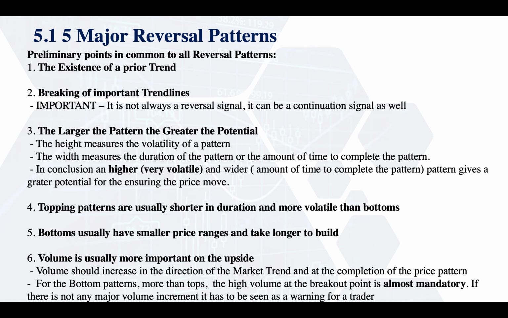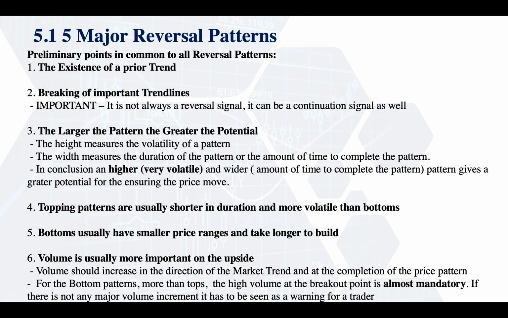It's normal, and the bigger or more important the trend, the more significant will be the reversal of trend, the change of direction. Then point 3 was regarding the volatility and the duration of the pattern. The higher and wider the pattern, the greater the probability that the market will reverse.